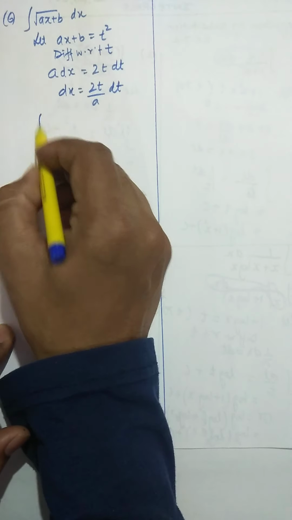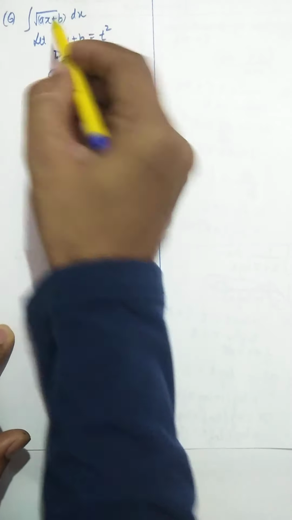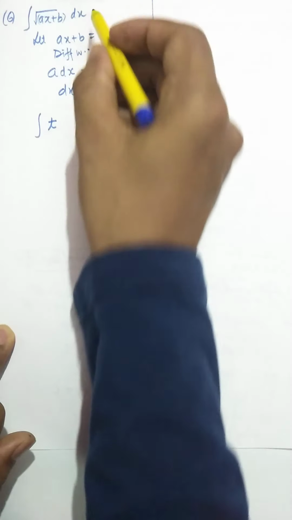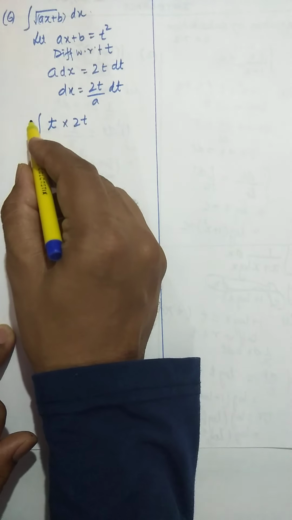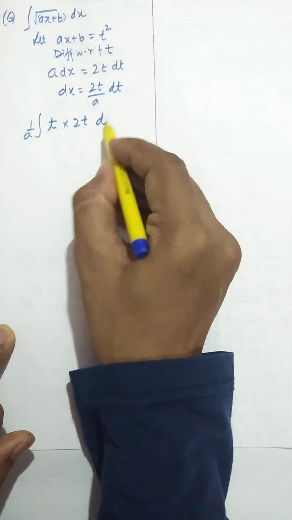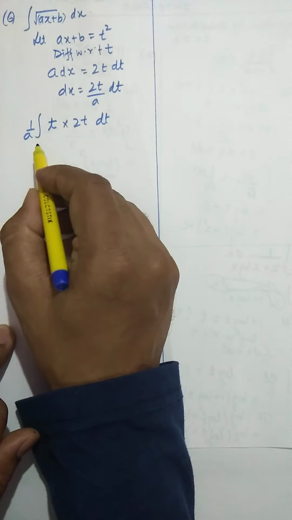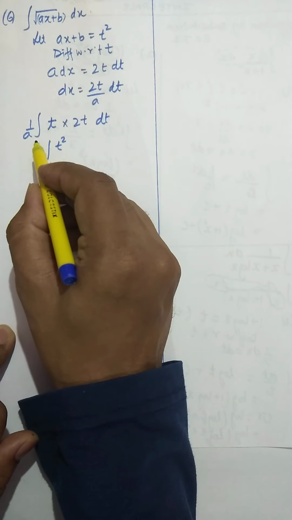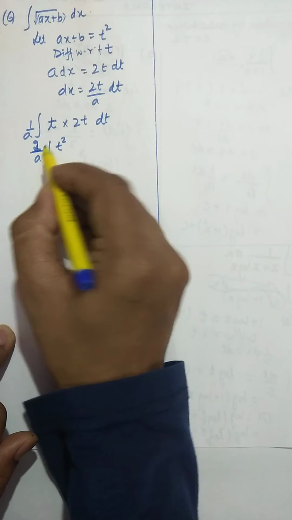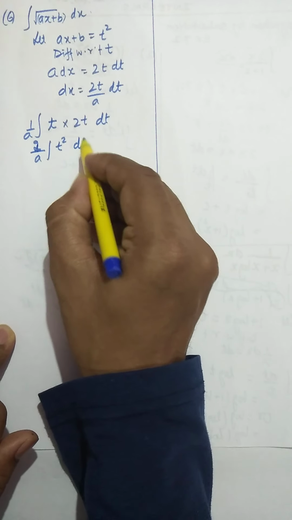So substitute. So you assume this as t square, so this will become t, and dx you calculate it as 2t upon a. A is a constant, you may take out, so this is dt. Now this becomes, this is t into t, this 2 can also be taken out, this 2 is also a constant, so this is t square dt.